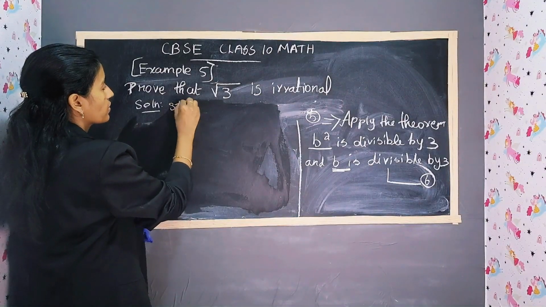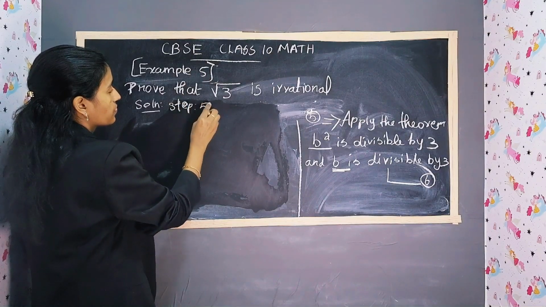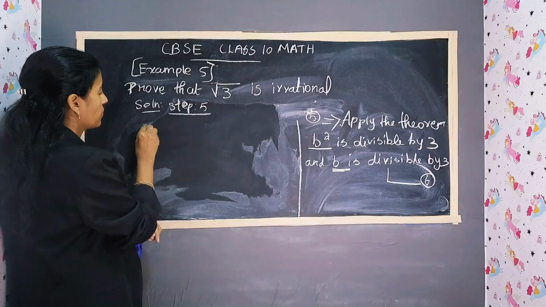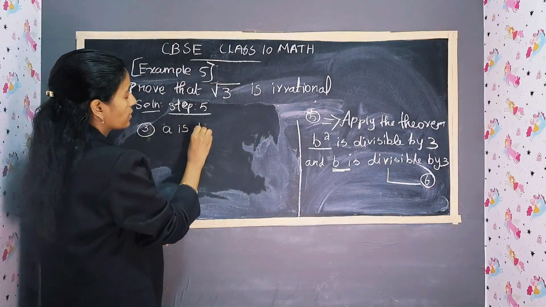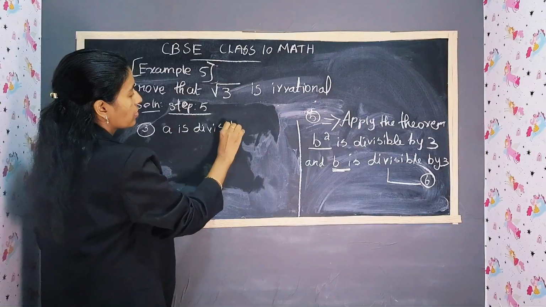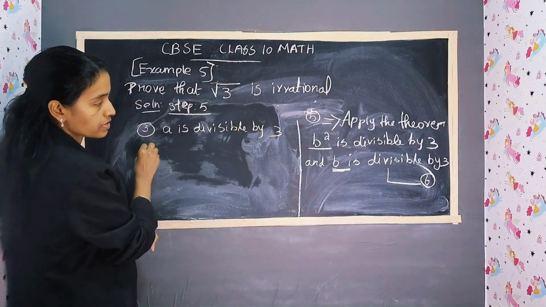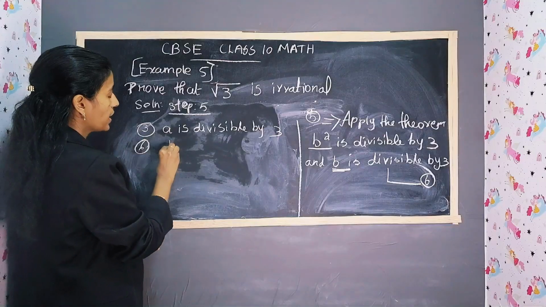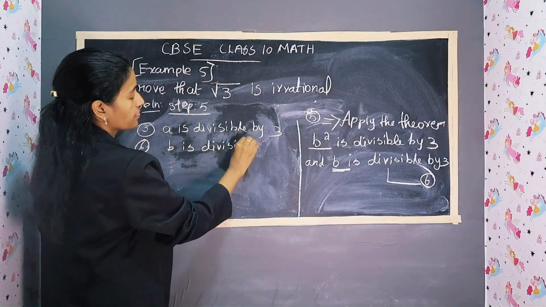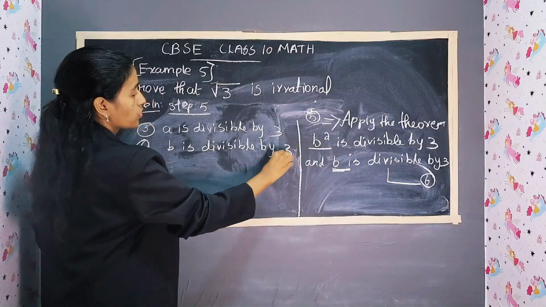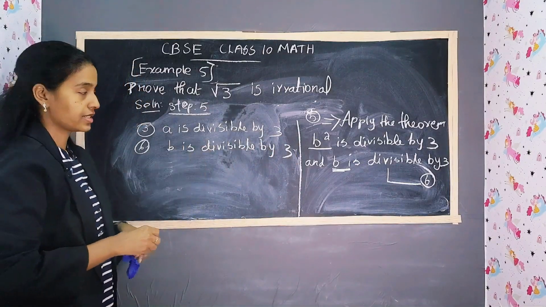Step number 5. From 3 we know that a is divisible by 3. From 6 we know that b is divisible by 3, right? So here a and b have a common factor of 3.